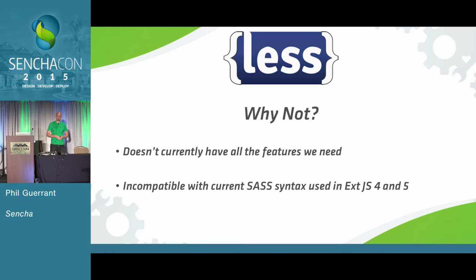And we didn't want to do that. We wanted the upgrade from Ext JS 5 to Ext JS 6 to be as seamless and painless as possible. We want you to be able to use the same familiar syntax that you're used to. We want your existing themes and apps to just work out of the box. We don't want you to have to change the way you do things. And so that's perhaps the most compelling reason that we didn't go with Less.